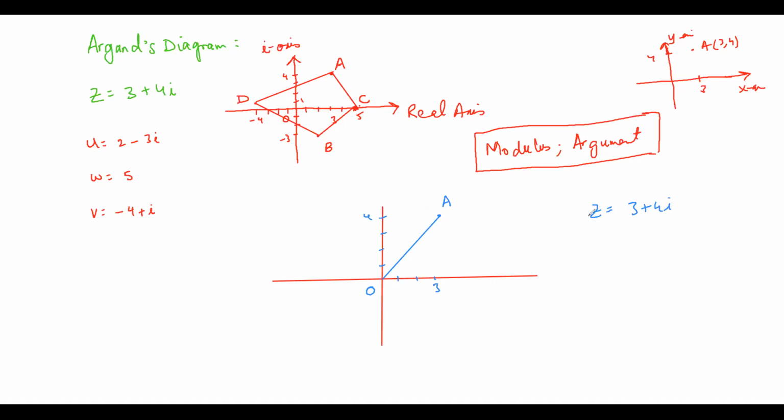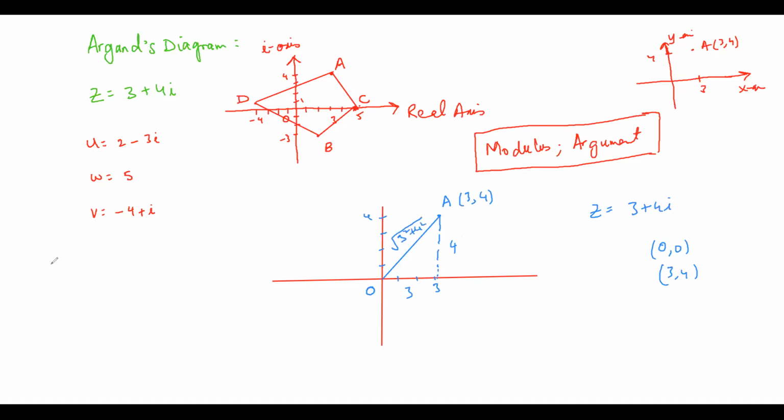This is absolutely the same as finding the distance through the distance formula. If this point is (3, 4) and you have the point (0, 0), how would you find the distance between these two points? This length is 4, this length is 3, so this is going to be the square root of 3 square plus 4 square.